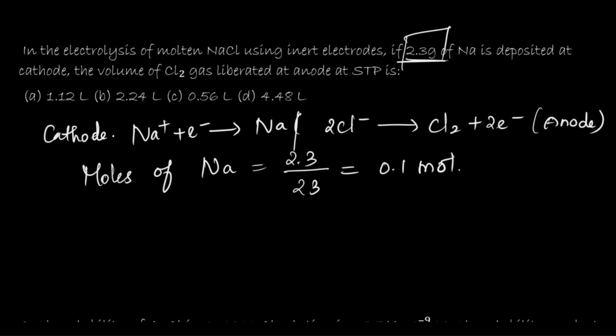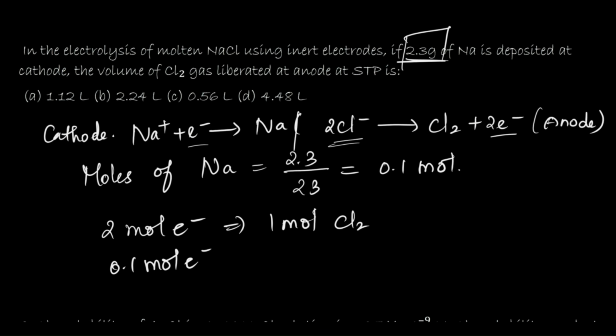From the stoichiometry ratio, 2 moles of electrons produce 1 mole of Cl2. So 0.1 mole of electrons produces 0.05 mole of Cl2.